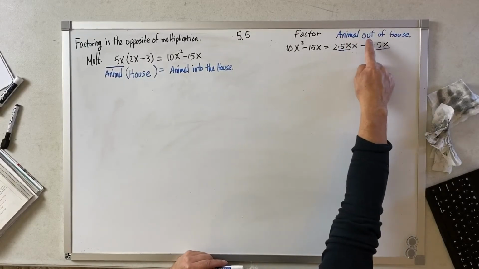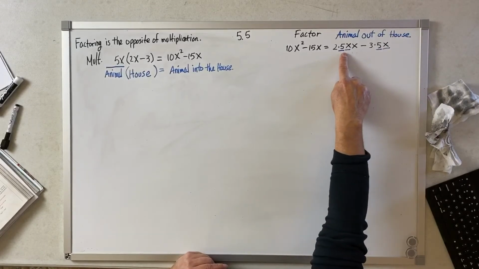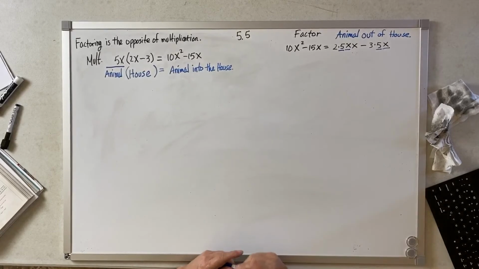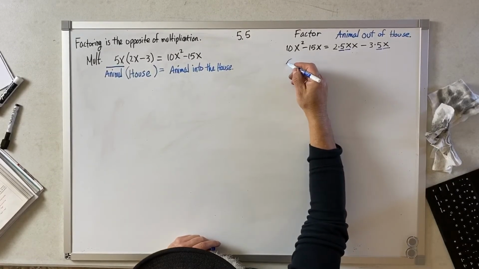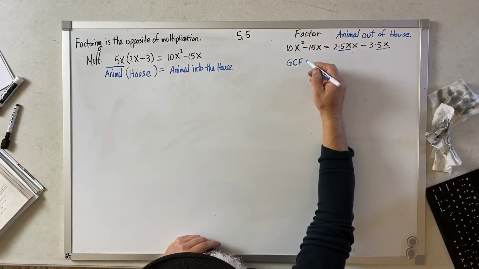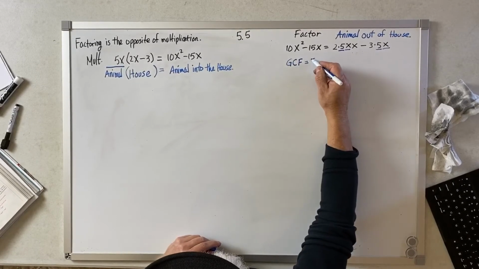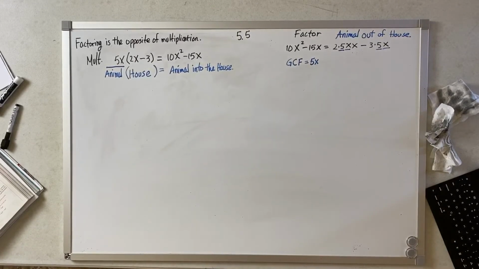The animal is going to come out of the house. The animal is called the greatest common factor, the GCF. So the greatest common factor is 5x. And that's what's going to come out from the house. Okay?